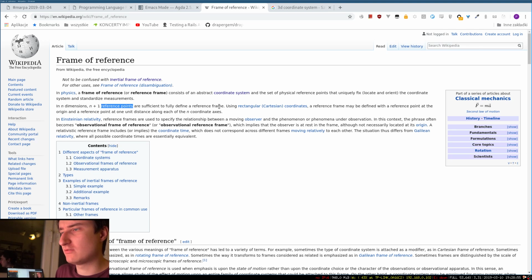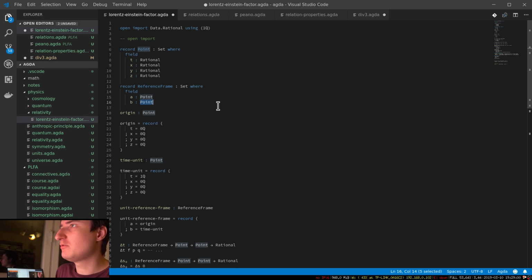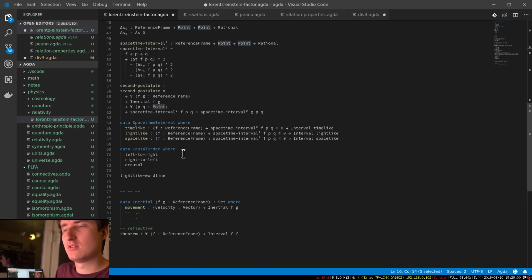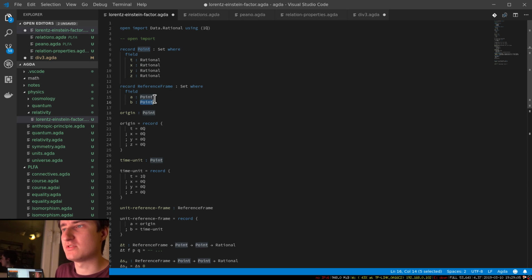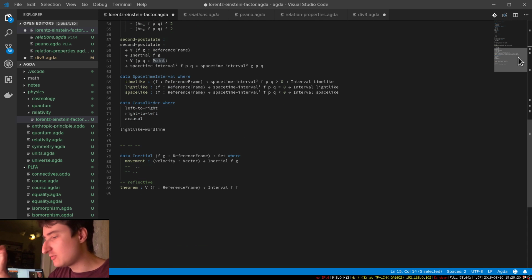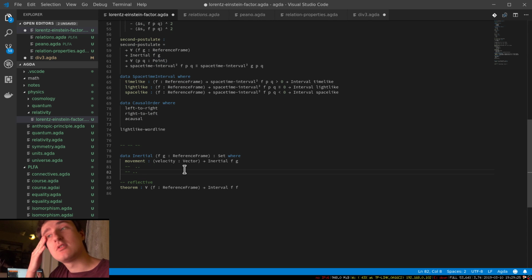For sure, a velocity vector like I did in here. So it's not enough to just say 2 points, but instead you would have like this. Oh, I have an idea.